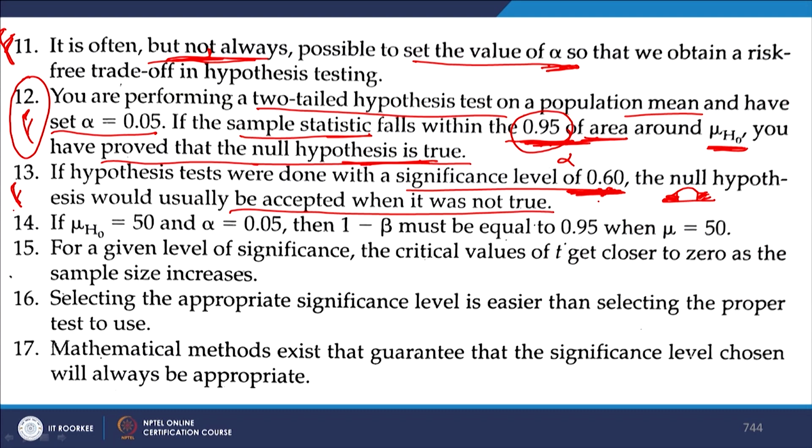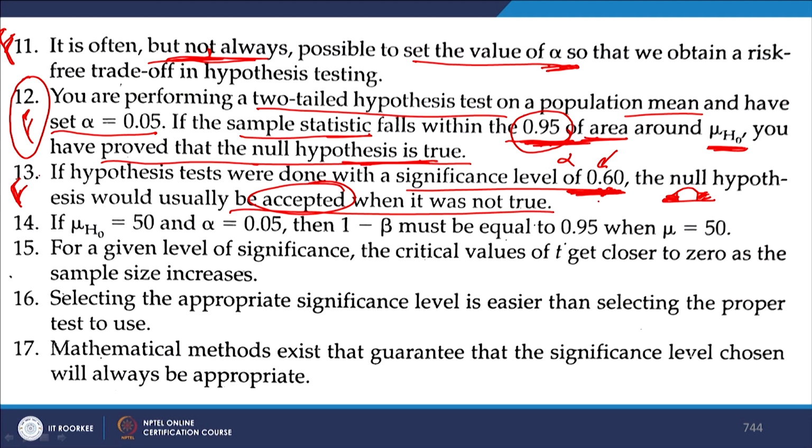In fact, the null hypothesis would usually be rejected when it was true. At high significance the null hypothesis would be rejected even if it is true. So, this is a false statement.